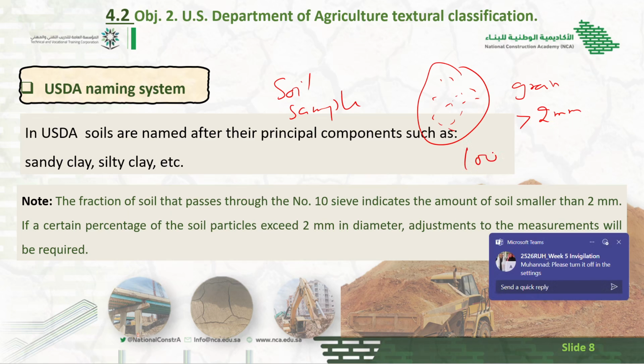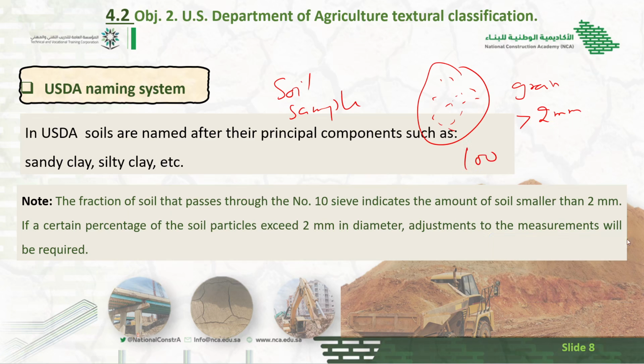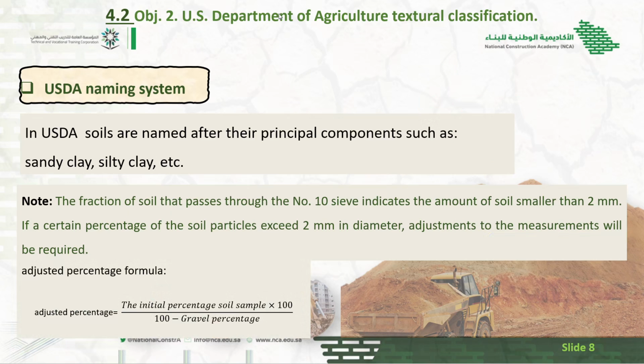For example, if I take a 100 gram soil sample, we put it in the sieve. This sieve is 2 mm.